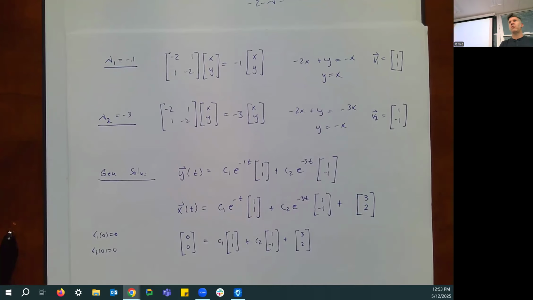Now, most of the time when we've been solving for C1 and C2, I've shown you the most rudimentary way of doing it, which is just writing some equations down and solving. But you can actually use a matrix to solve this if you want to.